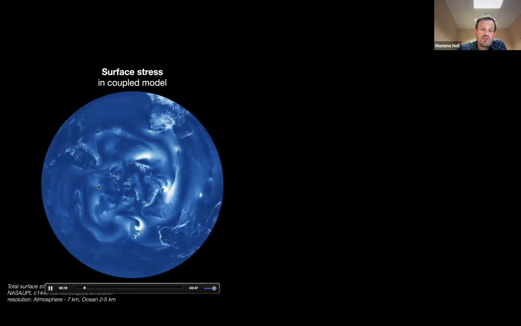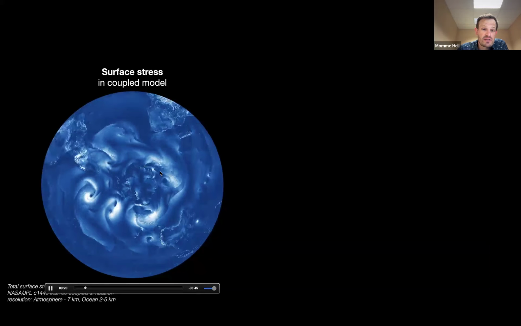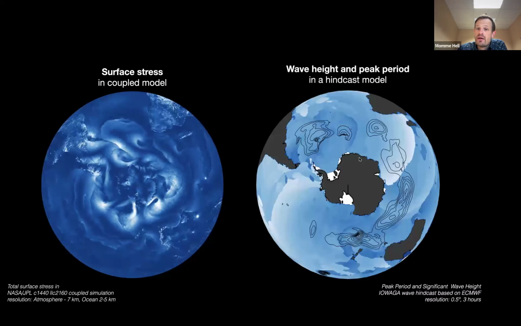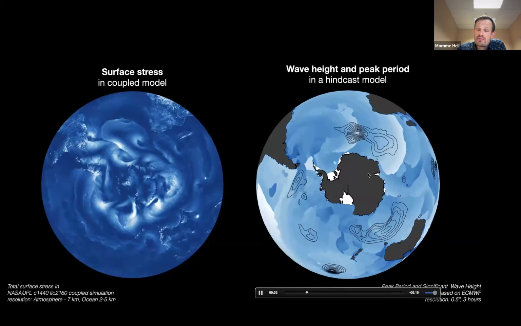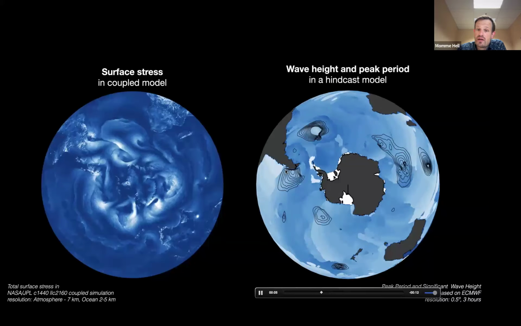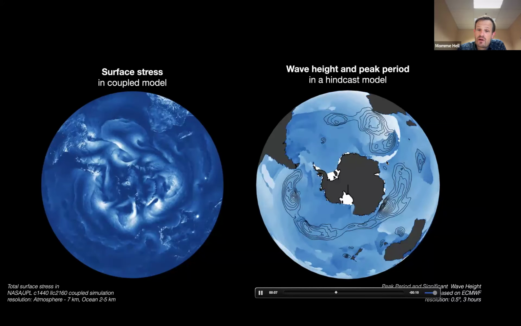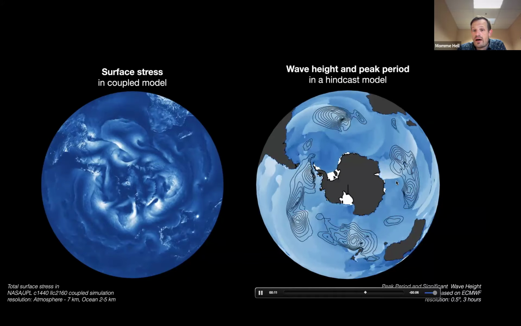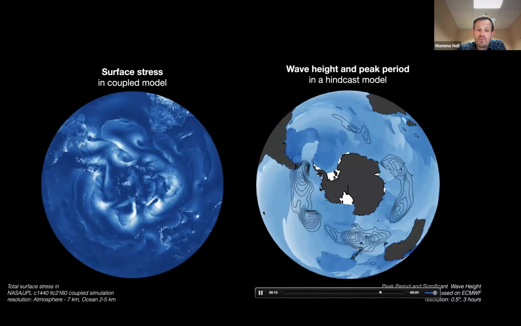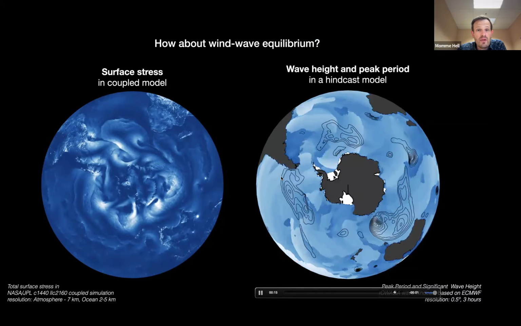And the question is really what kind of wave variability these wind patterns generate. And you can model that with wave models, and you see that on the right. So you see here two variables at the same time. The contours are significant wave height, and you can guess that's roughly where the storm is. And the shading is the peak period of the waves, and you see there's a more complicated pattern under that.